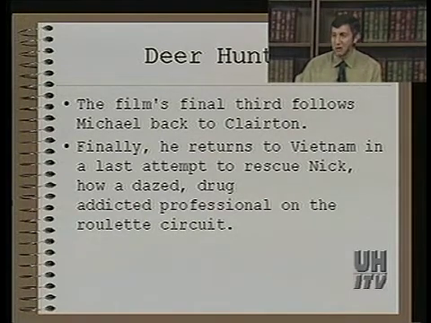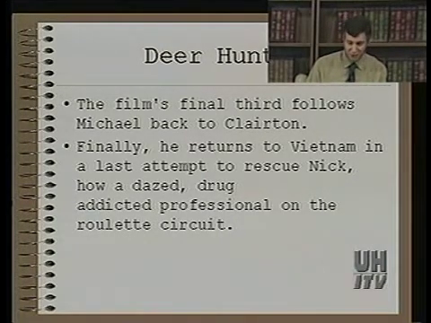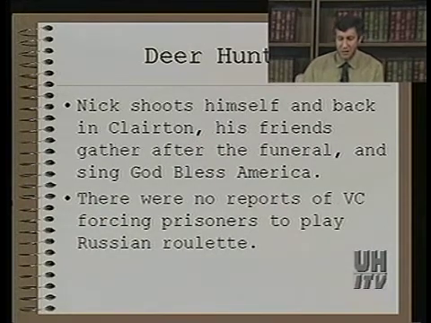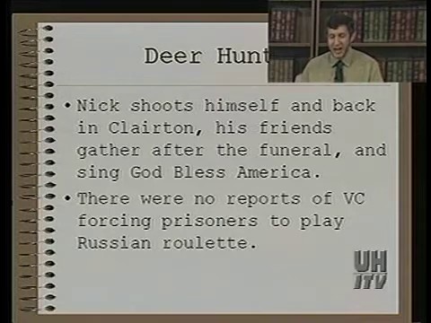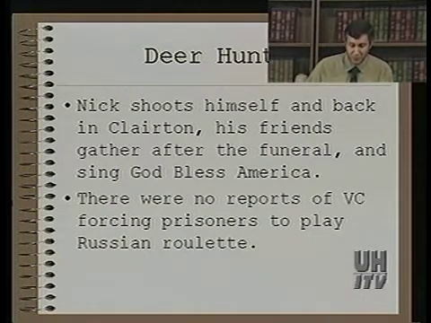Finally, he returns to Vietnam in a last attempt to rescue Nick, now a dazed, drug-addicted professional on the roulette circuit. Nick shoots himself, and back in Clarenton, his friends gather after the funeral and sing "God Bless America."